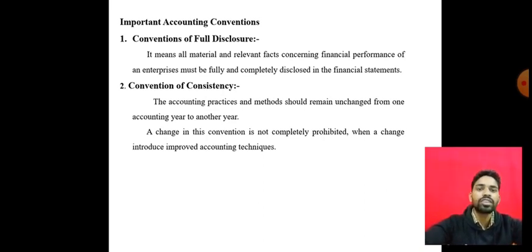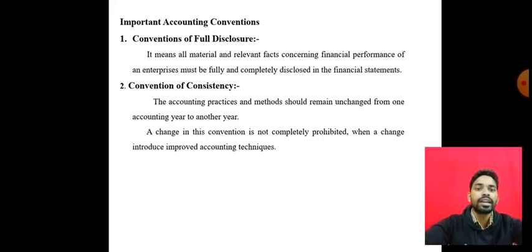While recording transactions in the books of accounts, the accountant uses some principles, accounting standards, and depreciation methods, and follows some rules and regulations. Whatever methods he used this year should be used in the next year as well. This is consistency.